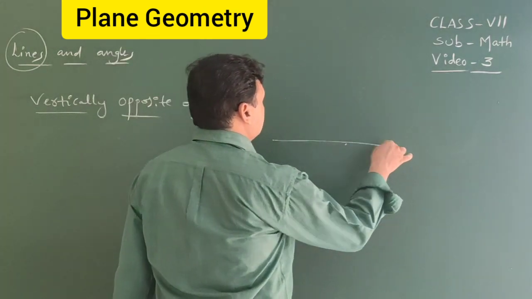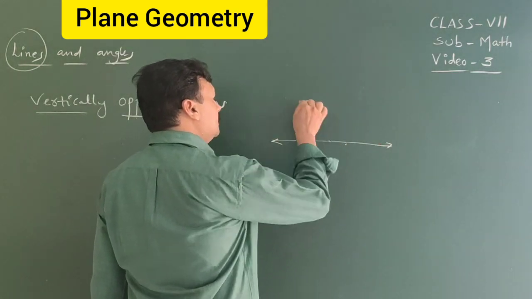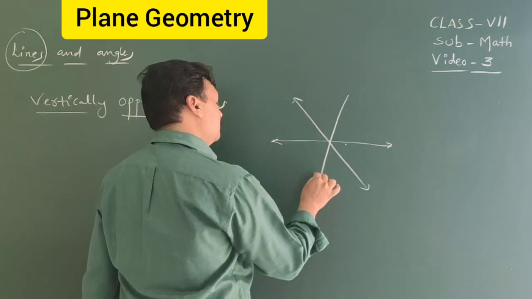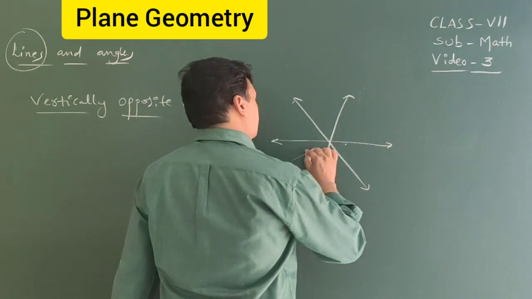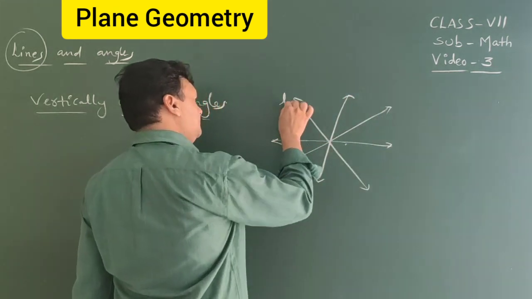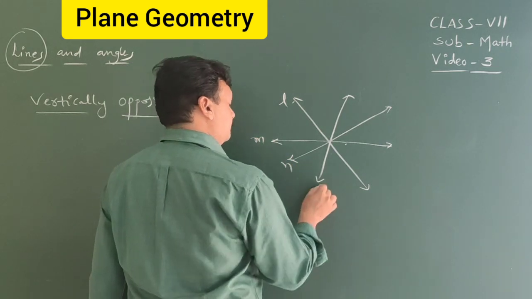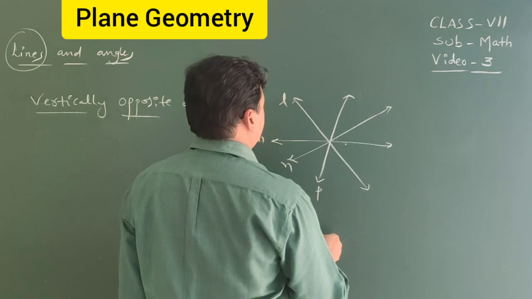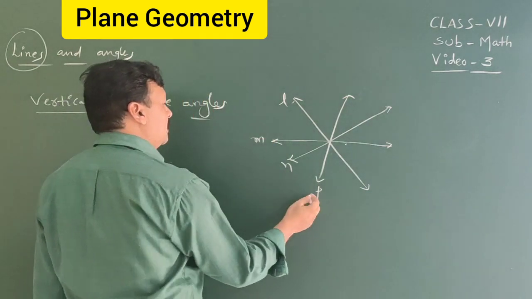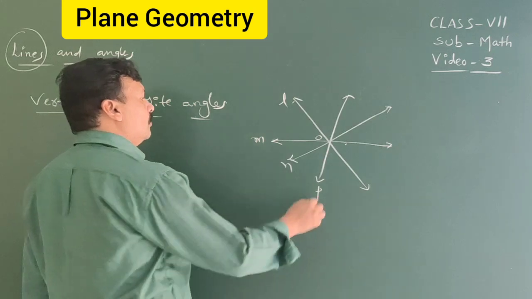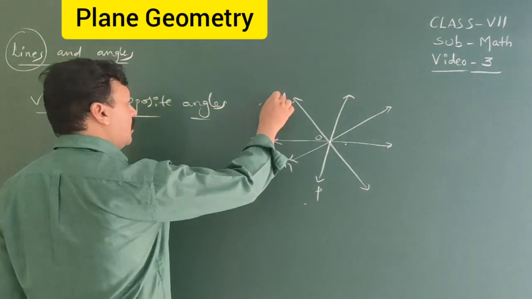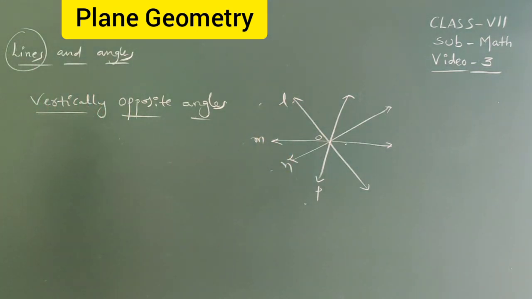For example, more than two lines meet at a point. Lines L, M, N, P meet at the point O. Two lines that meet at a point are called intersecting lines.